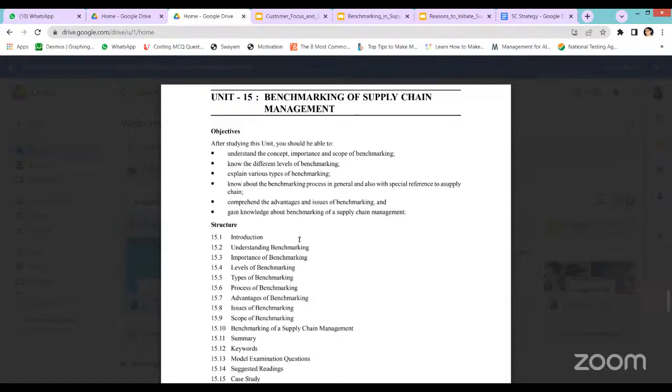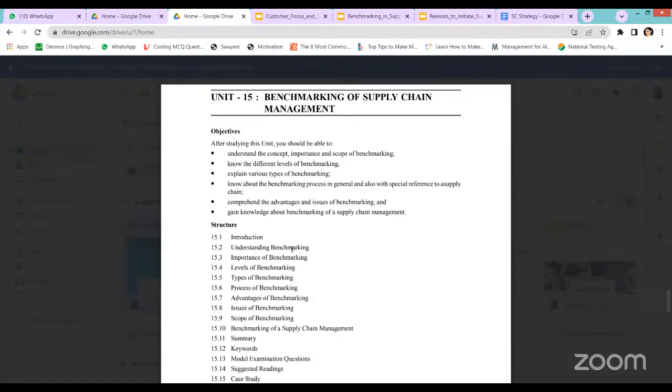It's establishing certain standards and putting its efforts into meeting such standards, where other firms are expected to learn and adopt that in order to improve their responsiveness and efficiency. So, simply put, benchmarking is not copying; it is learning and adopting.